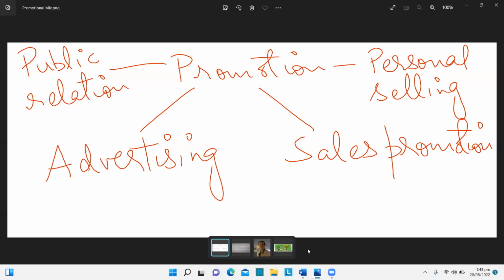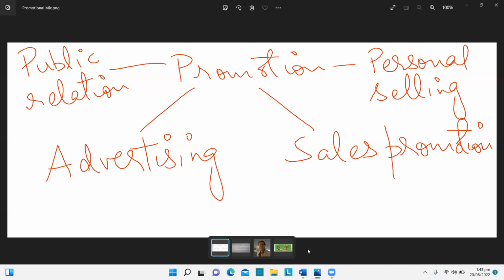You launch a new product or a new variation in your product, and you have a press conference, and you inform people that we have launched or are going to launch a new product, and that it would be extremely beneficial for such kind of people, or for a certain use.